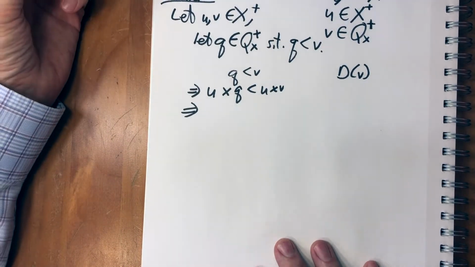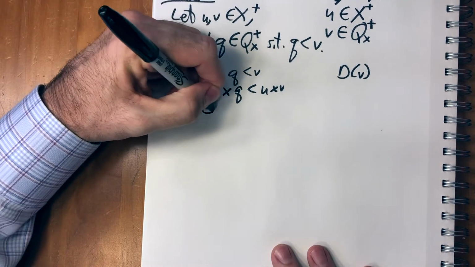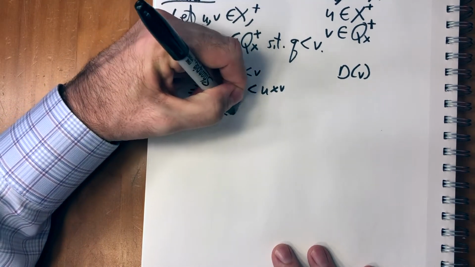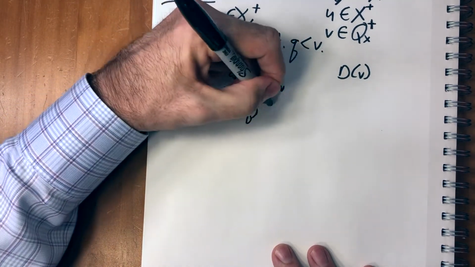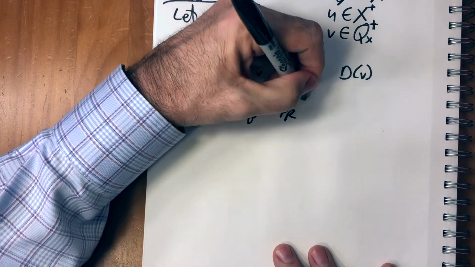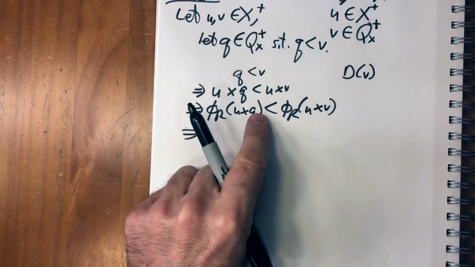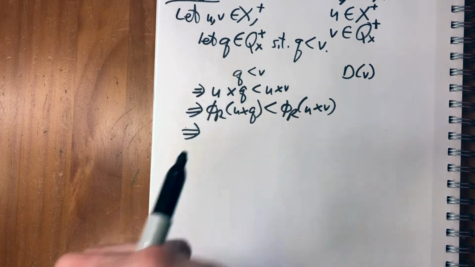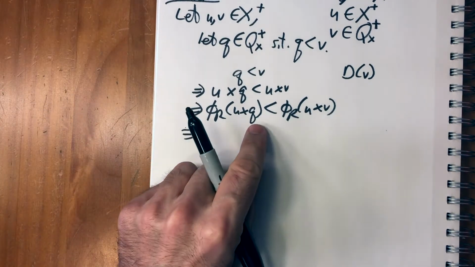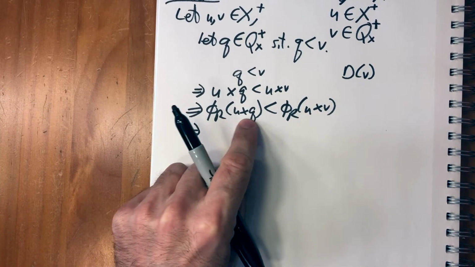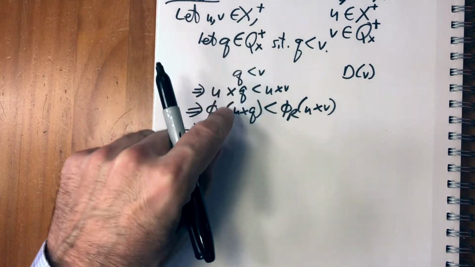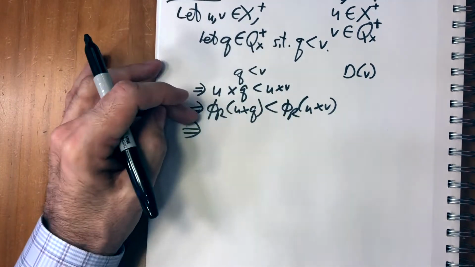Now phi_r is order preserving, so that implies that phi_r(u times q) is less than phi_r(u times v). So we just showed that phi_r preserves multiplication when one of the multiplicands is rational and both of the numbers are positive. So this step is still okay.